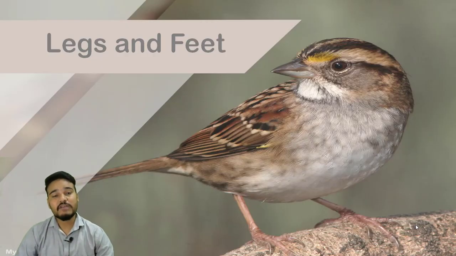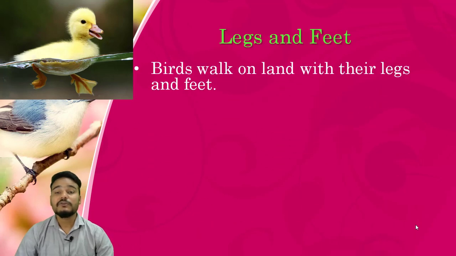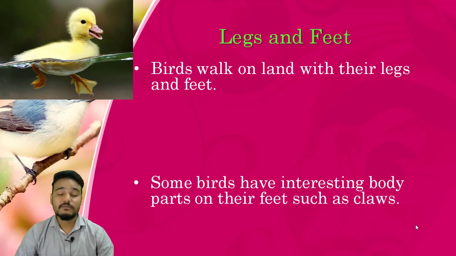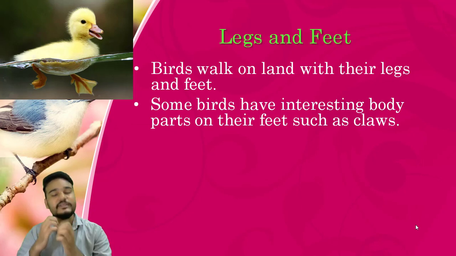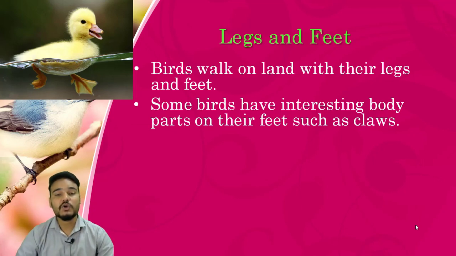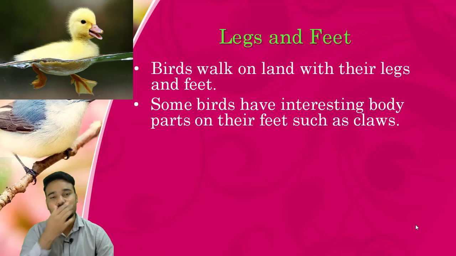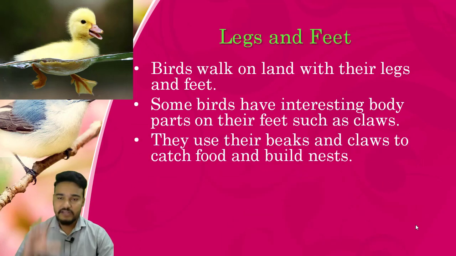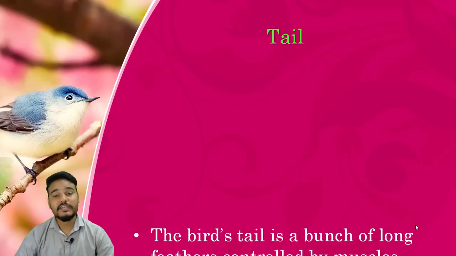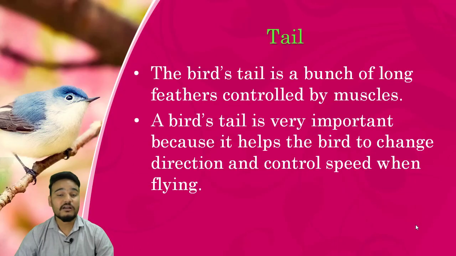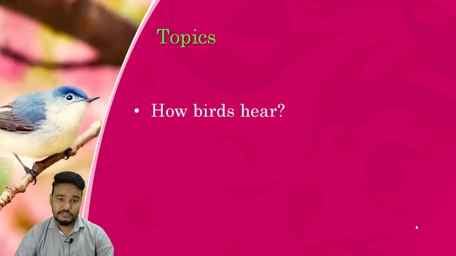Legs and feet also we have seen. They have a pair of feet. They have legs, and some of them have claws, like we have nails, and they use the claws for catching prey and all that, or digging also. Then the tail has long feathers which are attached to the body muscles also.